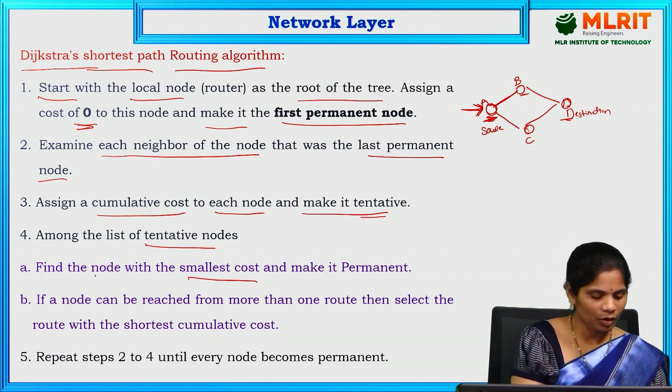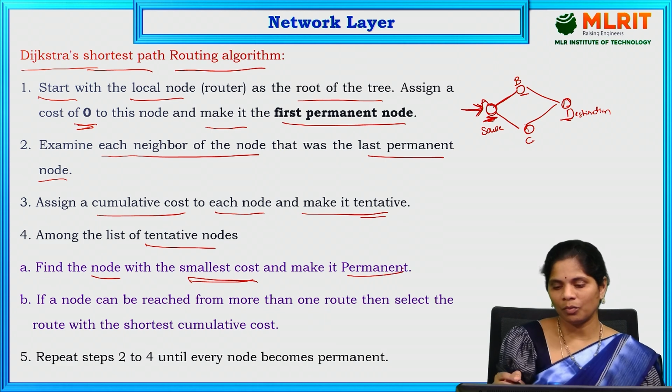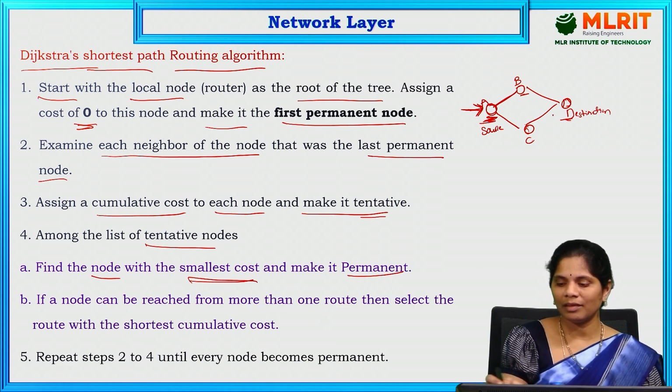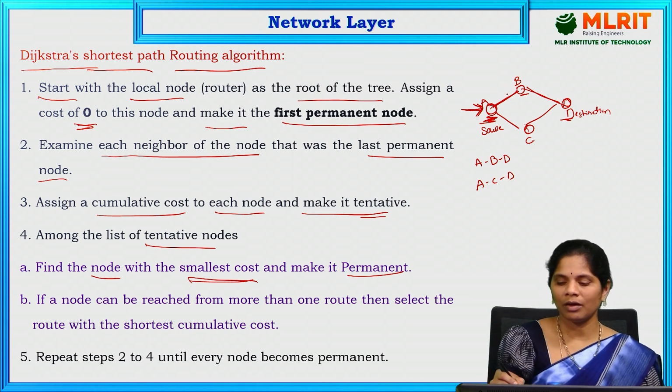So first you have to find the node with the smallest cost and make it permanent. Suppose I want to go from A to D, two routes are available: A to B, B to D, and A to C, C to D. Here we have to give the costs: 2, 3, 1, 4, 1, 5.